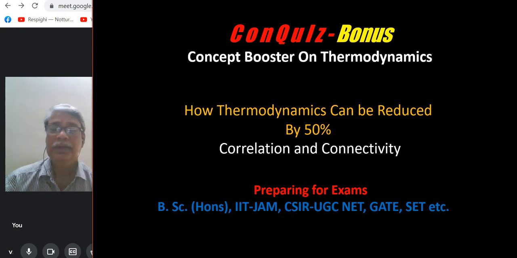It really sounds very amazing and magical. It really works like magic, but it's not magic, because the thing behind this magic is simple, pure mathematics. So let us see how we can reduce the load of thermodynamics to its half.